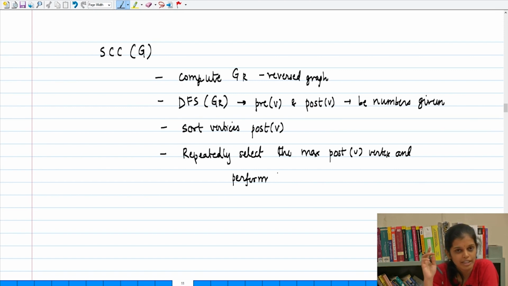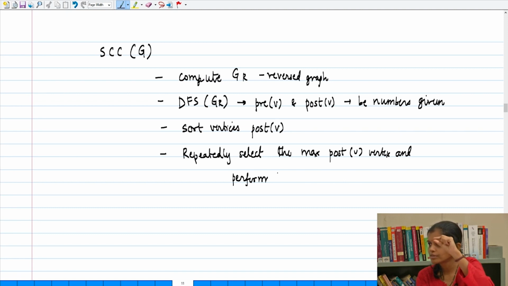We can actually do what we did early in the class, that is the connected component number should simply be incremented, because that is all we want. The pre-visit numbers and post-visit numbers of G itself are not going to be used for the connected component computation of the graph G.